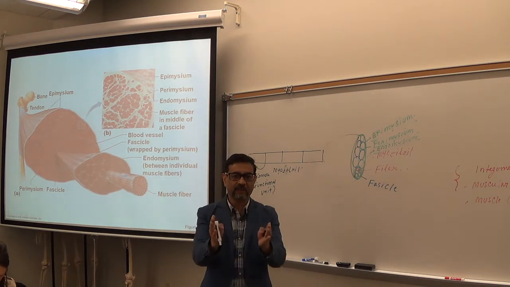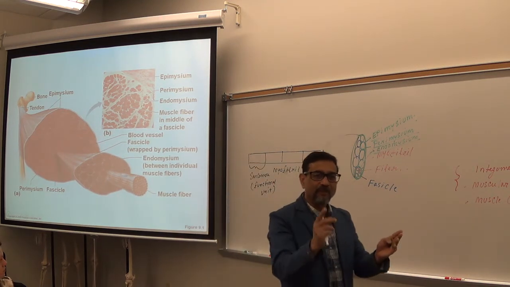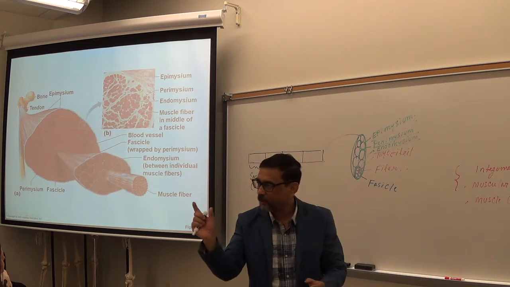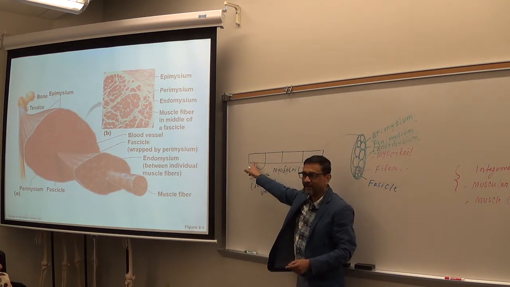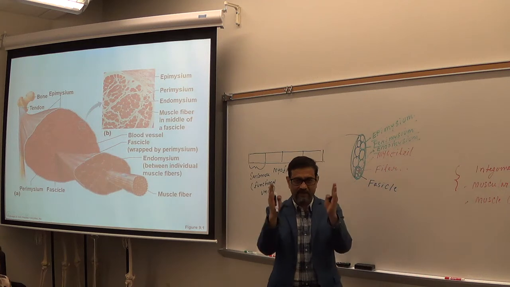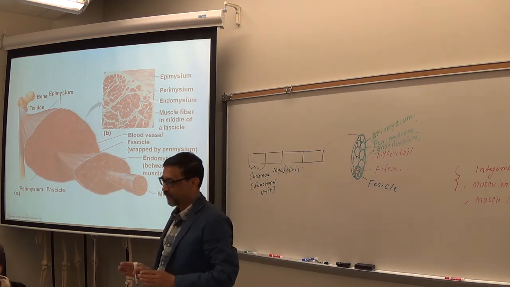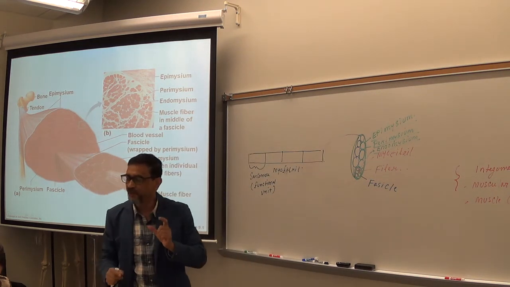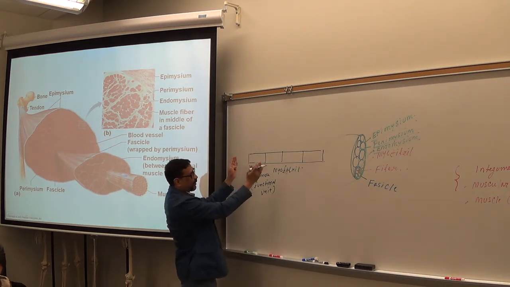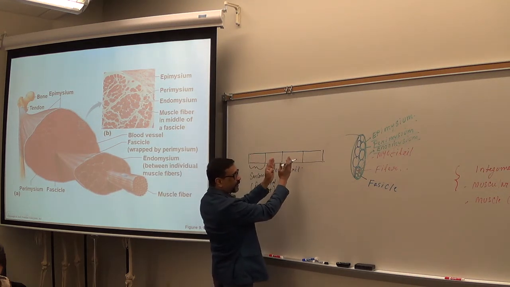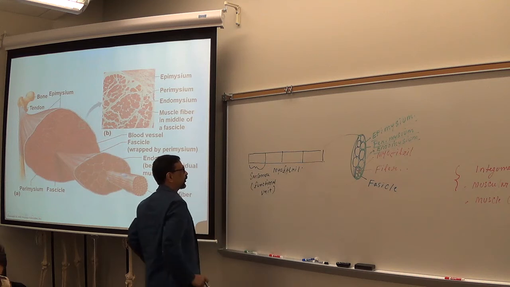The whole muscle gets shorter. Is it clear? So where does this shortening start? At the sarcomere. So the sarcomere is the smallest unit of muscle contraction. But it is important that all should get shorter at the same time, not at different times.